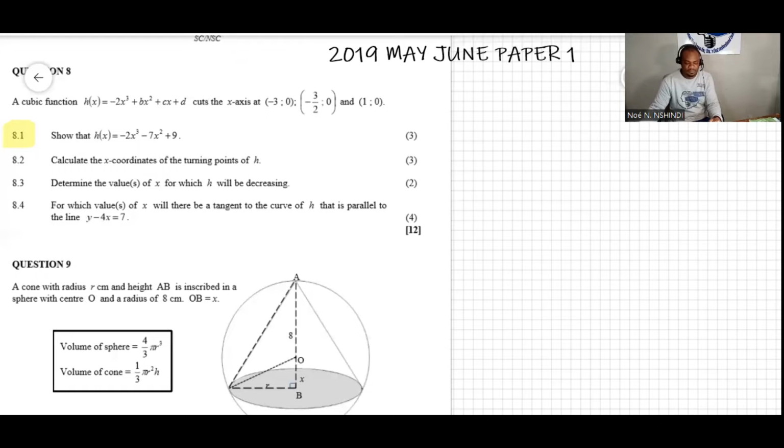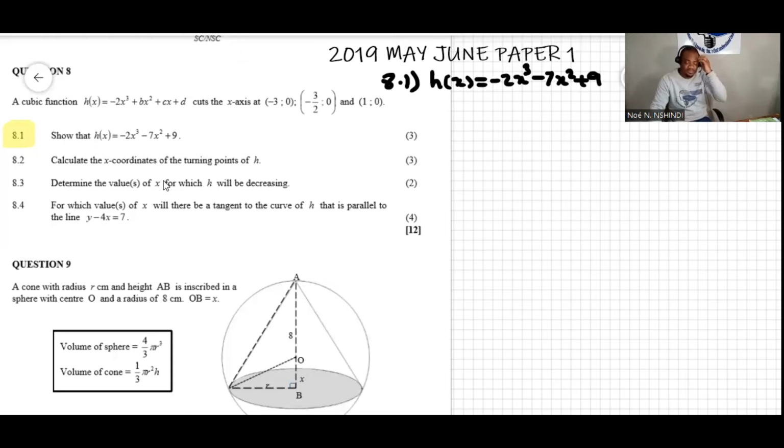Now, let me first write the question over here, 8.1. We need to prove that the function h is negative 2x cubed minus 7x squared plus 9. In other words, b is negative 7, c is 0, and d is 9.